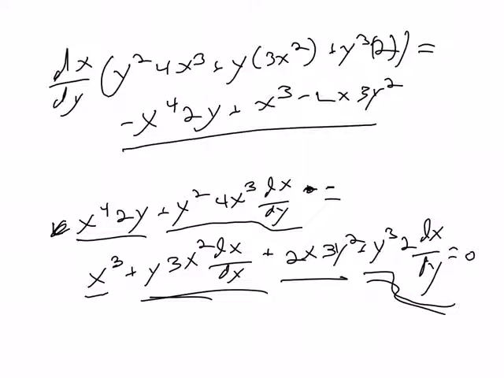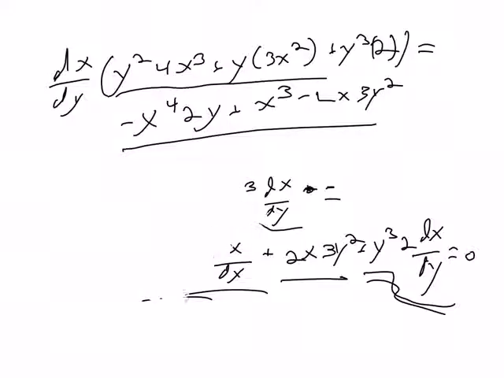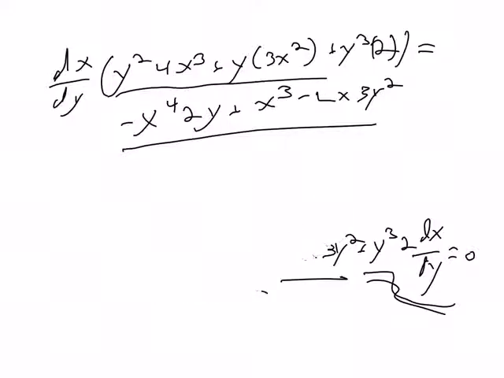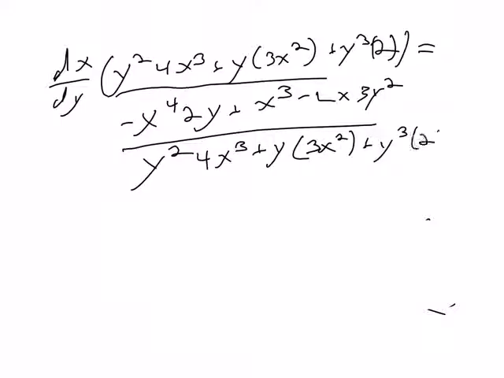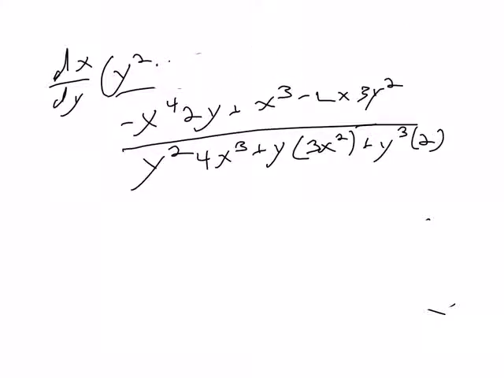So now we just divide by this, so we get y squared times 4x to the 3rd plus y times 3x squared plus y to the 3rd times 2. That's it. So now this is dy over dx.